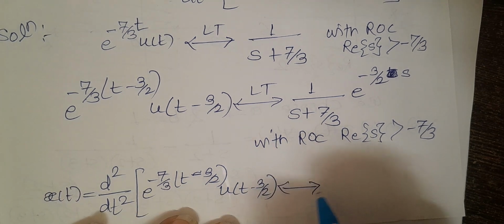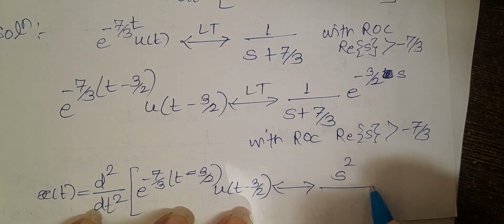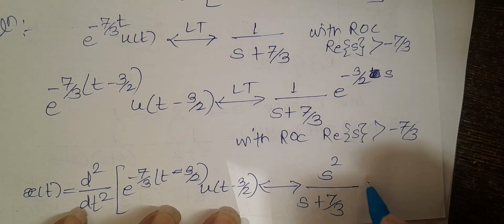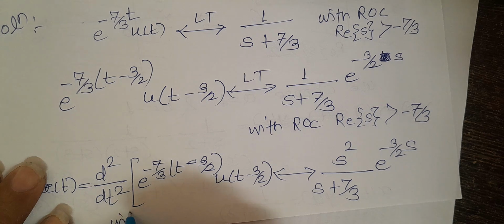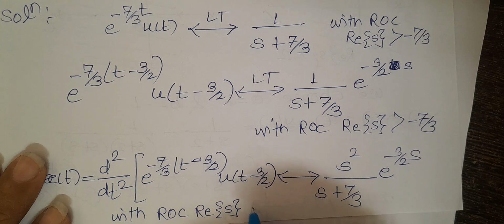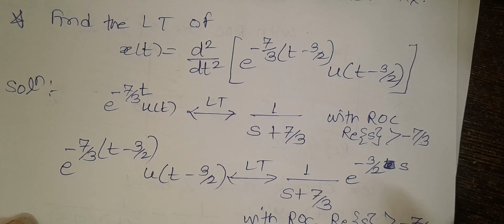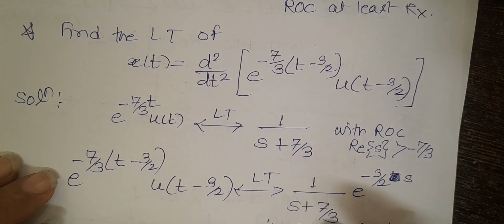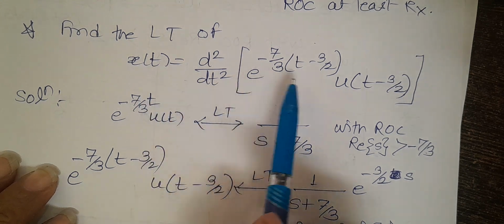Its Laplace transform will be s squared times X(s). X(s) we have got, so s squared over s plus 7/3 times e raised to power minus 3/2 s, with ROC real part of s greater than minus 7/3. In this way, with the help of the bilateral time shift property and differentiation property, we can find the Laplace transform of this function.